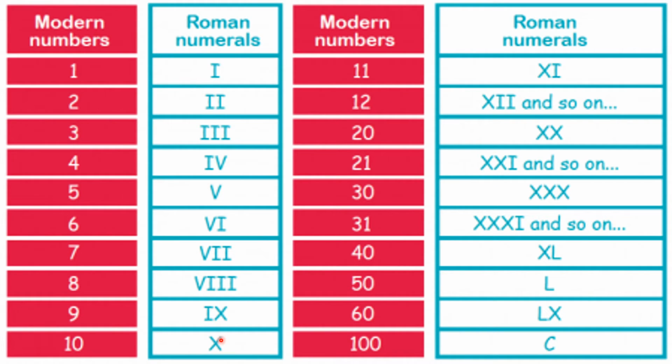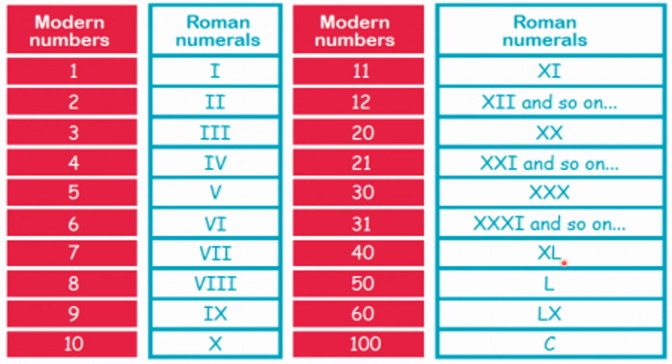You write the X here, and then to add 1, you just add the I here. For 12 also the same. For 20, you just write X 2 times. For 30, X 3 times. For 40, it is X here.